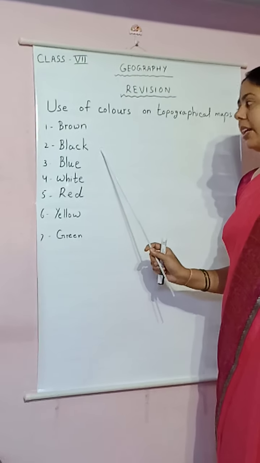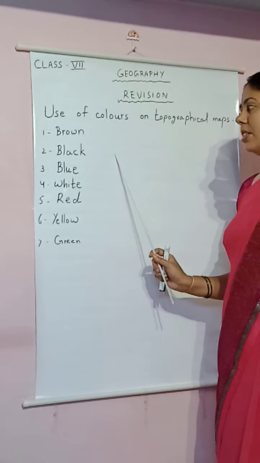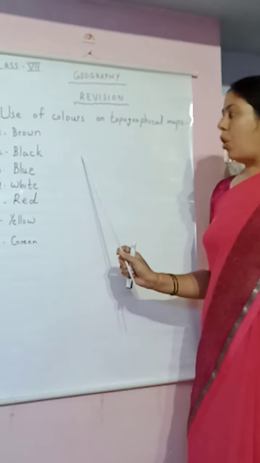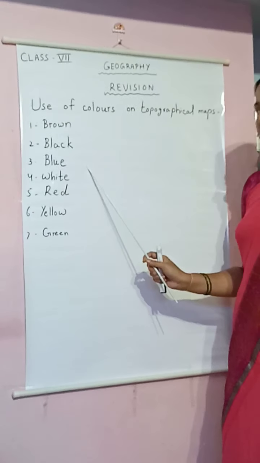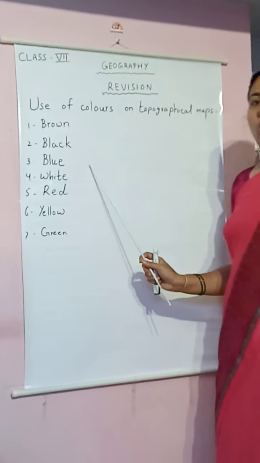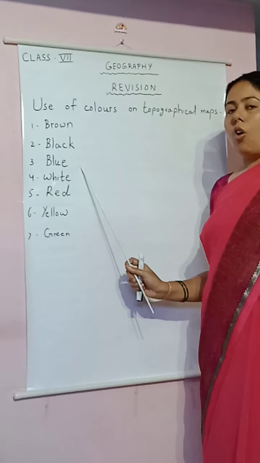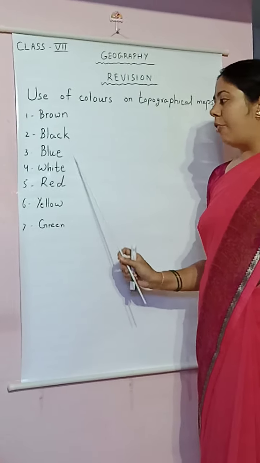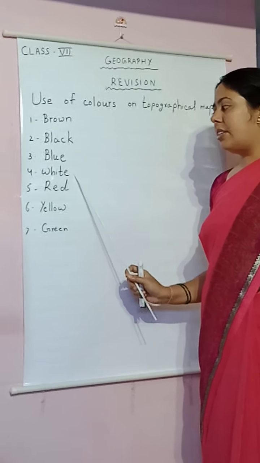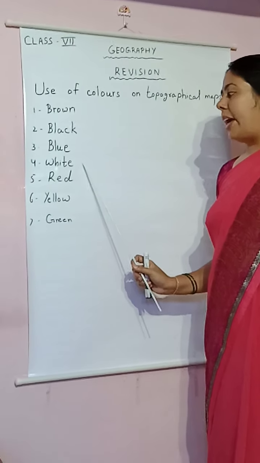Second is black color. Black color indicates the boundary lines in the political maps. And blue color: all the water bodies, rivers, sea, ocean, reservoirs, are shown with the blue color. White color is shown as a barren land.